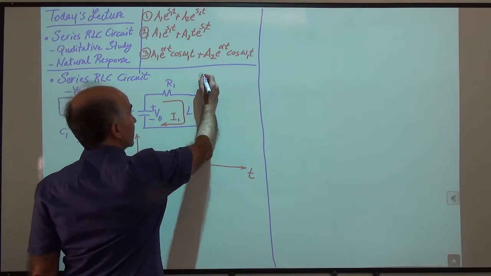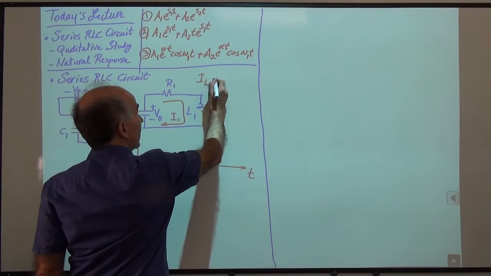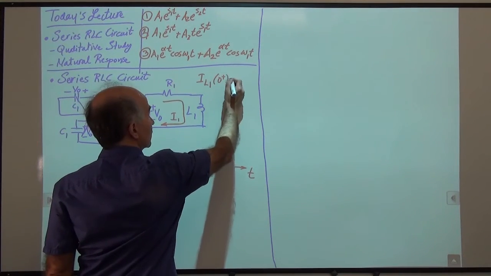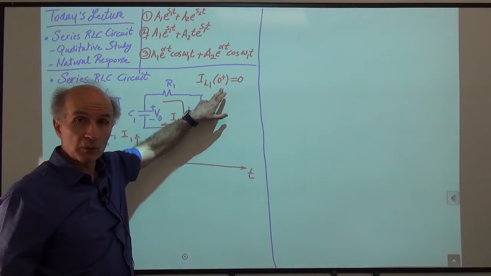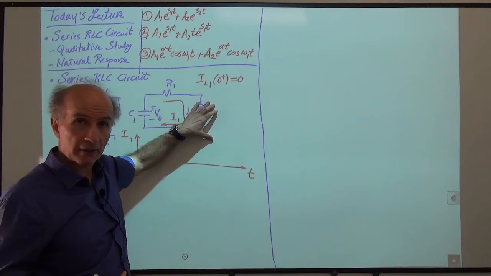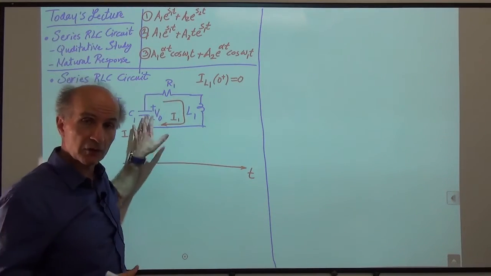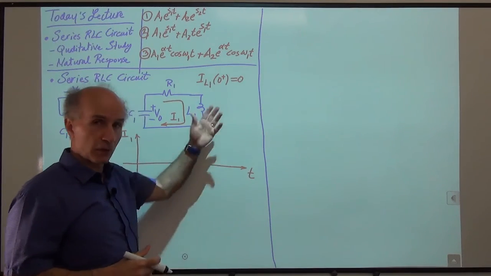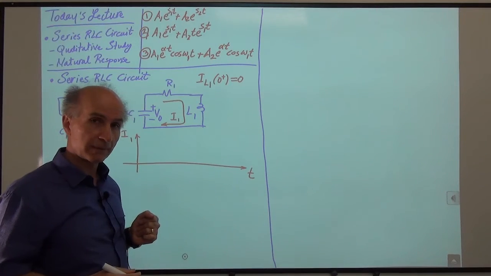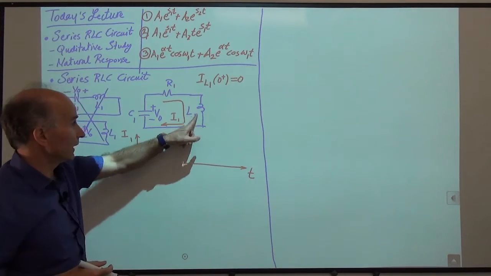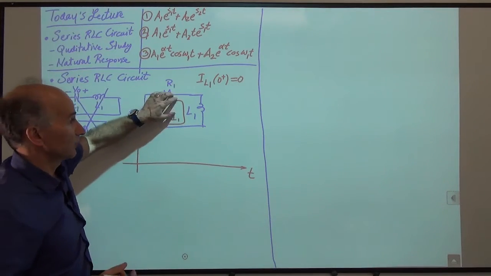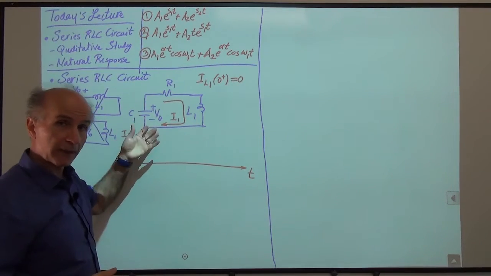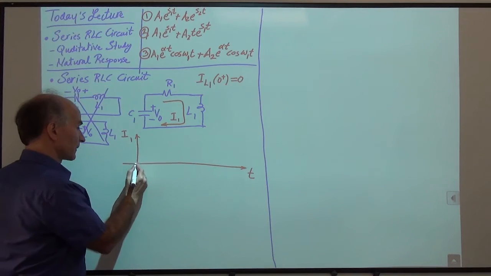So we know that the inductor current at 0 plus is 0. For this not to happen, we would need some infinite voltage across the inductor, and we just don't have an infinite voltage available here, so it has to be 0. And the current through the inductor happens to be the same current as that flowing through the rest of the circuit, I1. So I1 has to start from 0.